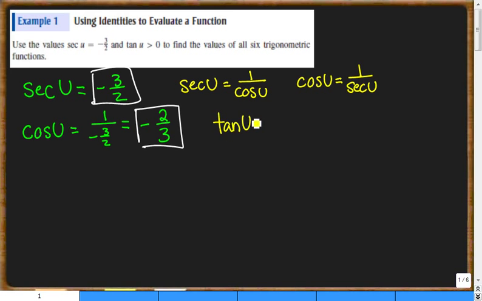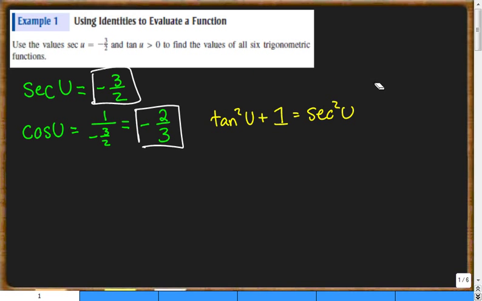So tangent of u is equal to sine over cosine. Well, I don't have my sine yet. But what I do know is that tangent squared of u plus 1 is going to be my secant squared of u. That's one of those Pythagorean identities that we've used before.